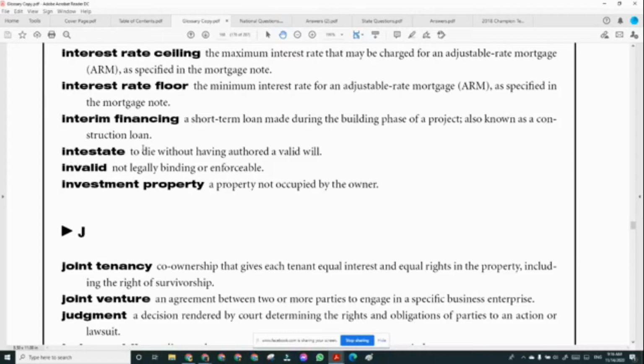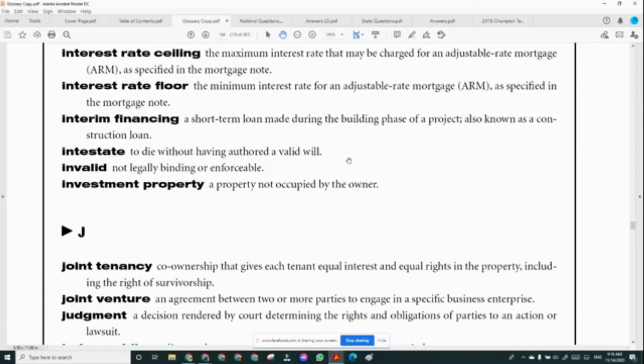That money will be there. As you can see, it's a short-term loan, so that the builder can make draws from that money when they need more money for buying supplies or paying employees. So it's for supplies and labor and fees for permits and such.